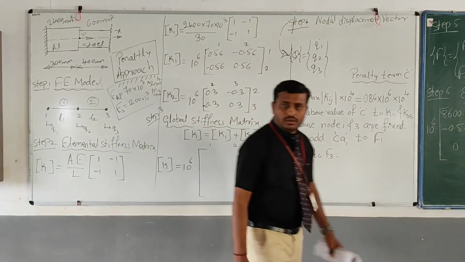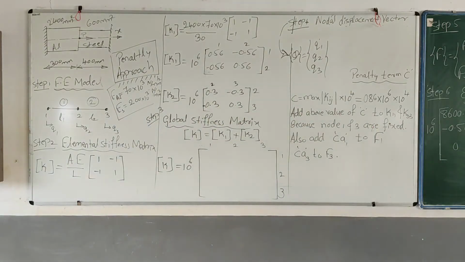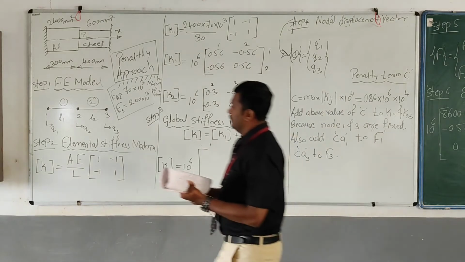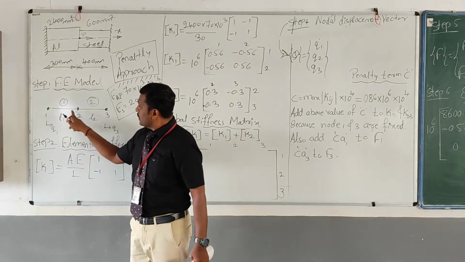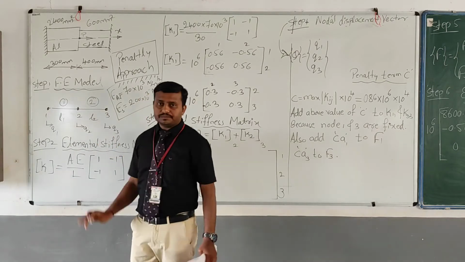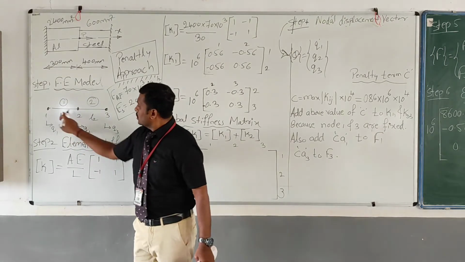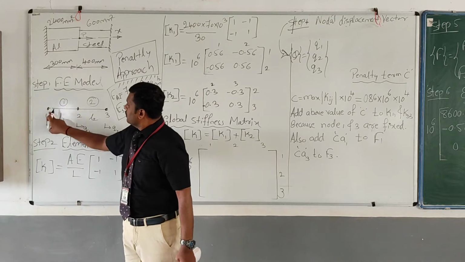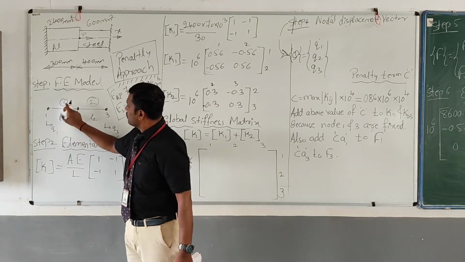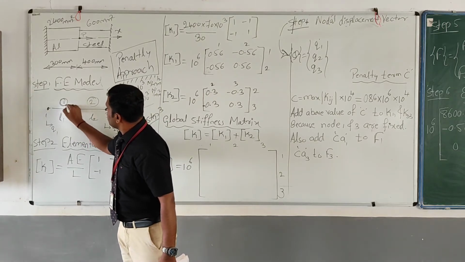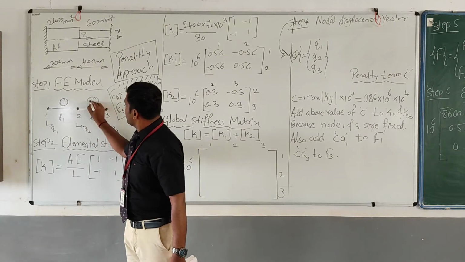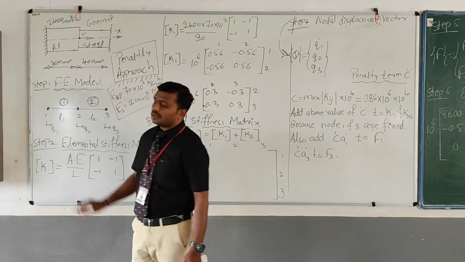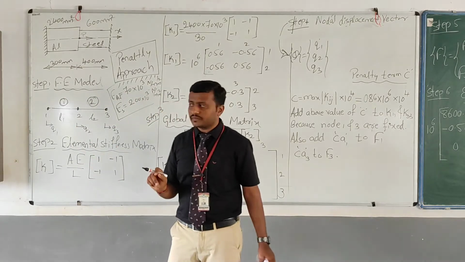Now we have to give node numbering. I will take this node as 1, this node as 2, this is the third node. The element between node 1 and node 2 is element number 1. You have to encircle it. This one, between 2 and 3, is element number 2. Always the element number has to be encircled.